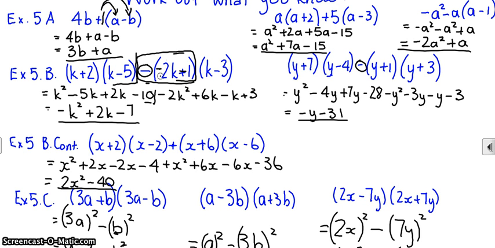Now I've got negative 2k times k, which is negative 2k squared. My outers is negative 2k times negative 3 gives me plus 6k. Inners is negative 1 times k, which is negative k, and my last is a negative times a negative, being a positive 3. Is that okay for you to understand what I'm doing there?